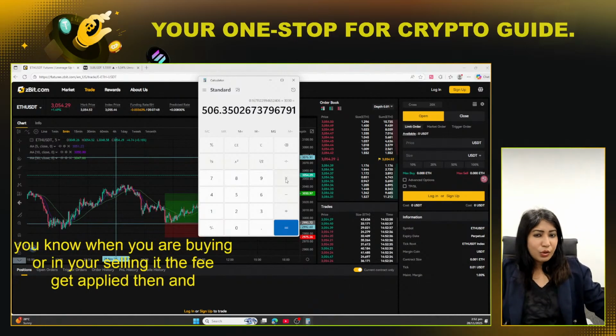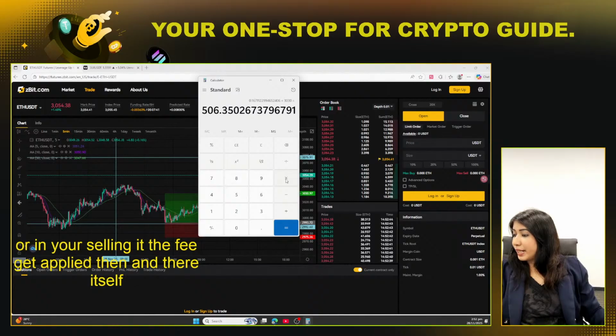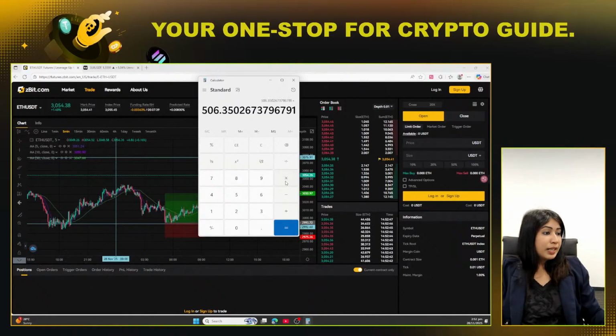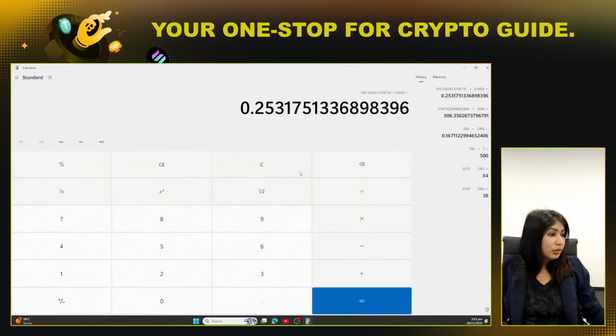I'm just doing it on the gross figure. So say the taker fee is 0.005% into this. I copied this, and I'm going to deduct this from my denominator.